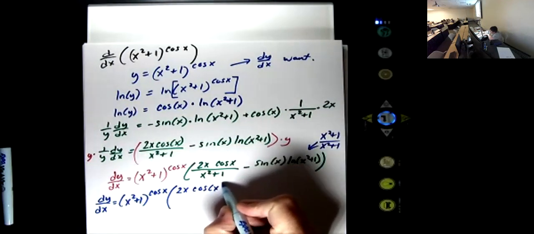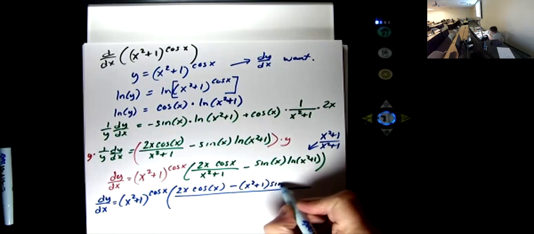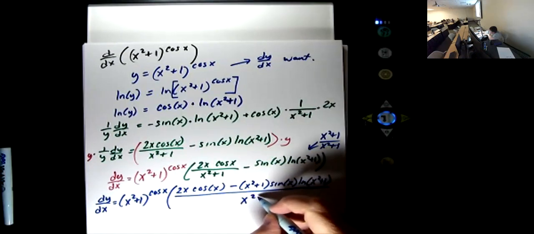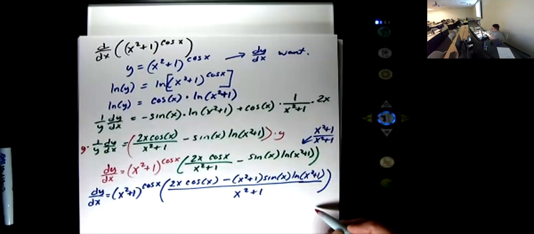And before I do the next thing, I'm going to remind you, if I had x to the fourth over x, this equals x to the 4 minus 1.